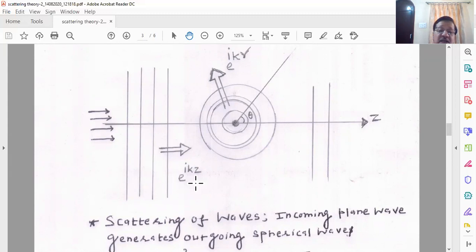So next lecture I would like to take a numerical problem to represent the incident plane wave, and once we have developed the expression for the incident plane wave, we will go for a partial wave analysis to find out the scattering amplitude.